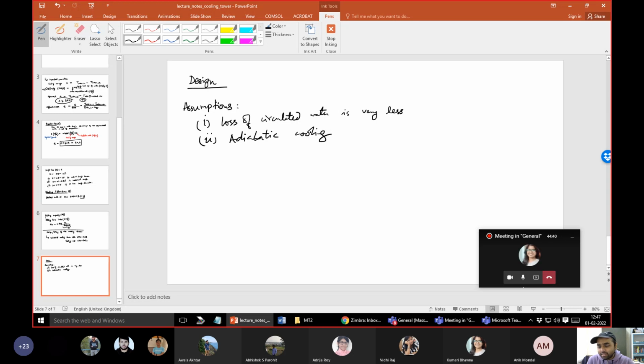This is more or less a realistic approximation, that there is no heat exchange through the walls of the cooling tower. And the previous one, that the loss of the circulated water is very small or insignificant, is an assumption we made to simplify our problem.